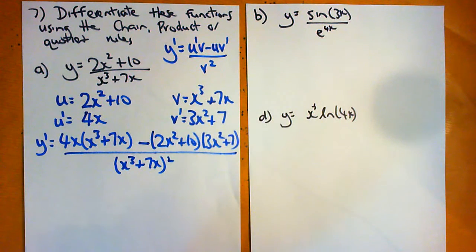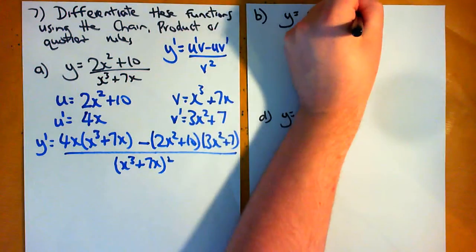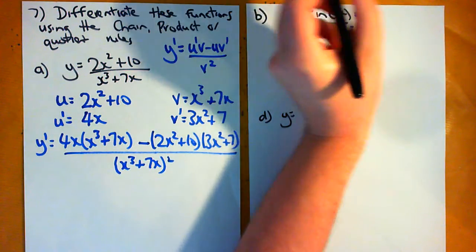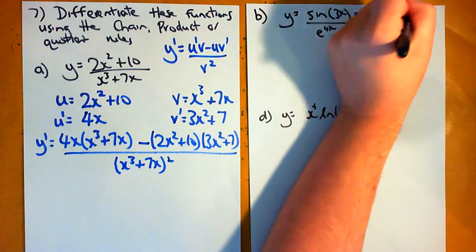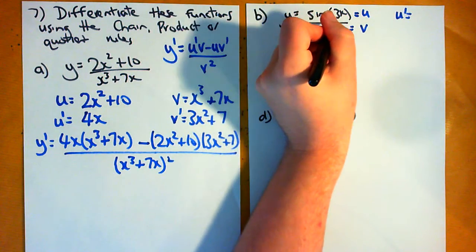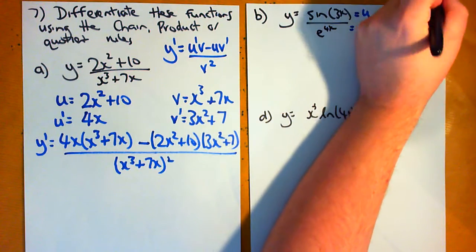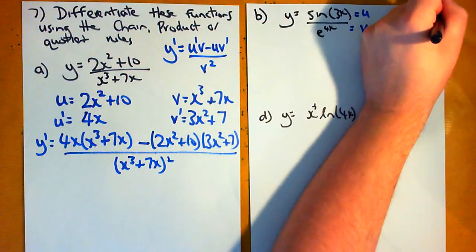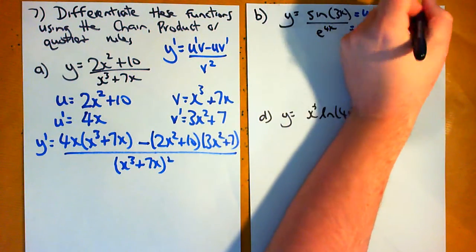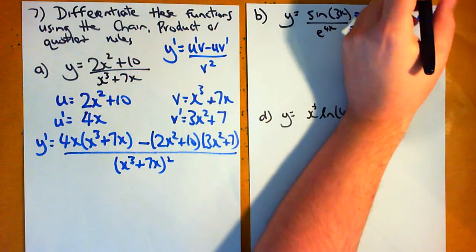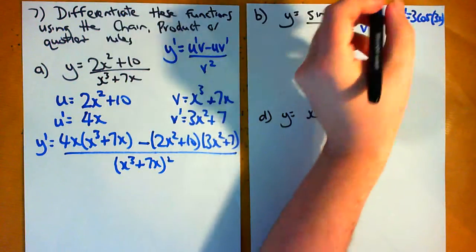Question B, we also have a division, so we need to use the quotient rule again. So sine of 3x is your u, e to the 4x is v. So u dash is going to be differentiate sine of 3x. Differentiating sine gives us cosine of the bracket, which stays the same, so it's 3x, but we need to multiply by the derivative of the inside of that bracket, which is a 3.